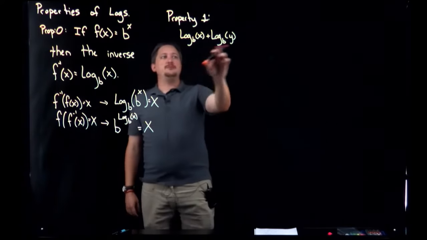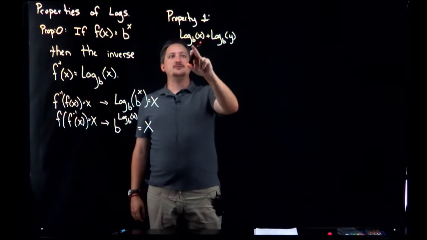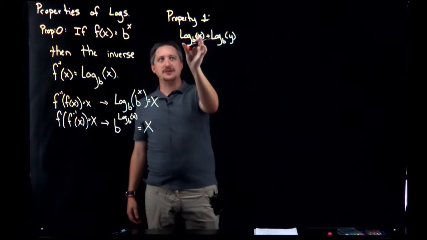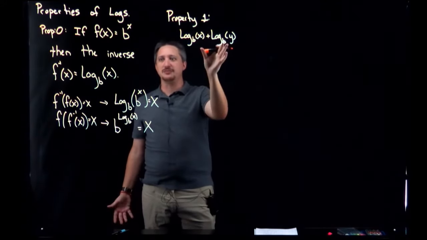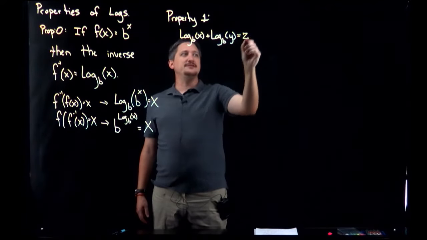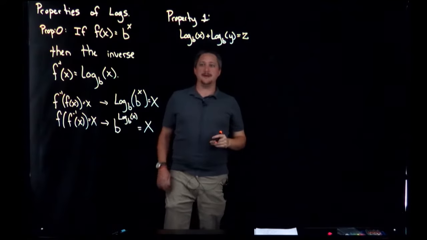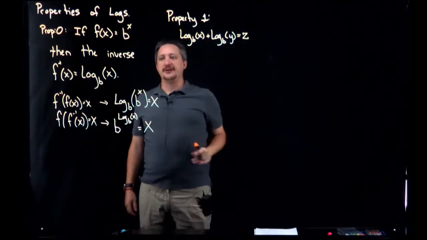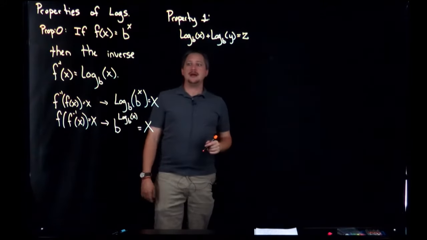So the log base b of x, whatever b is, whatever x is, if I plugged in numbers, that would be a number, and that would be a number. Adding two numbers together is a number. I'm just going to define this to be some z, okay? So whatever this equals, I'm going to call it z for a second.